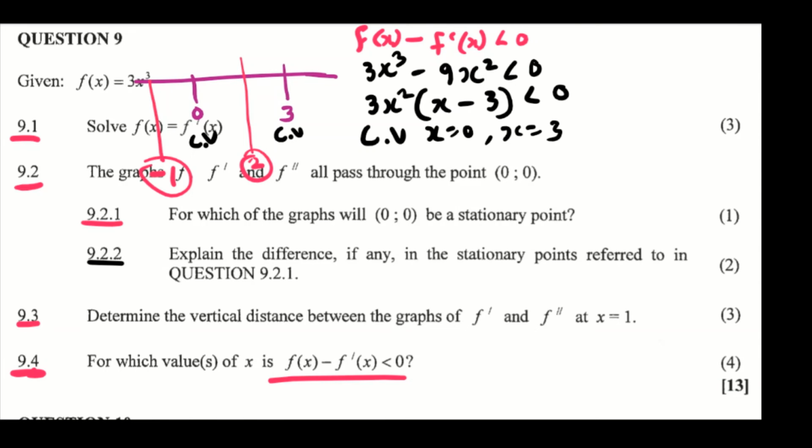So I'm just going to circle the values that you're going to test, and then comes 4 here. So if you substitute x equals -1 into this equation here, you should get a solution that is negative. So I'm just going to write negative.